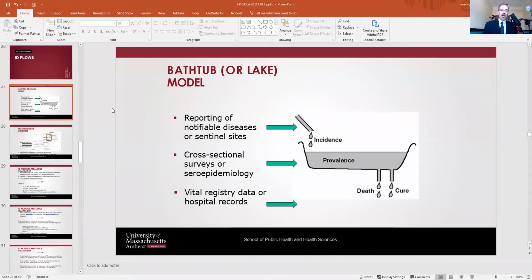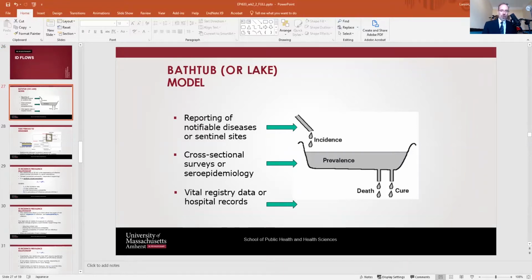If there's a big drain and people recover very quickly from their infectious state, then the bathtub won't hold much water, and so prevalence will be low. If incidence is much higher than the outflows, then prevalence can go up. So we're talking inflows and outflows, and how many cases get collected in one area at one time.